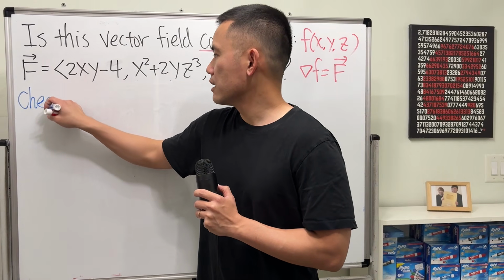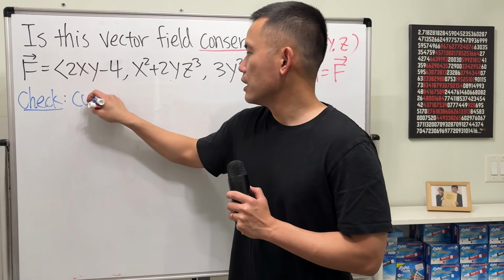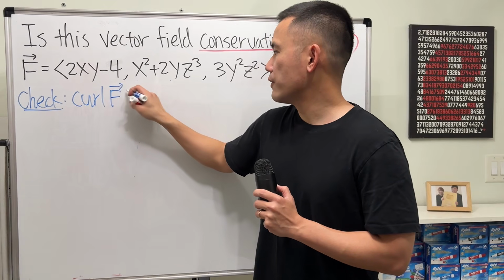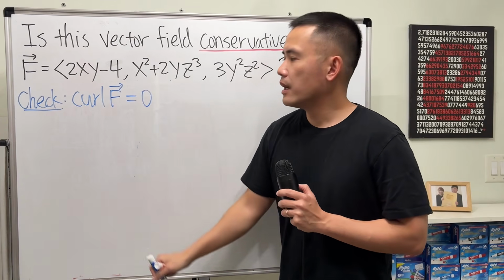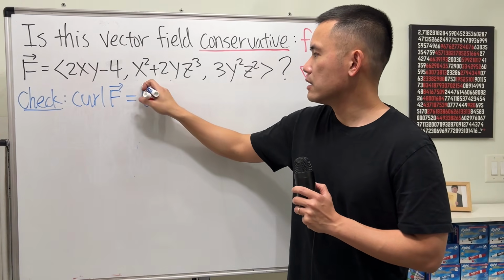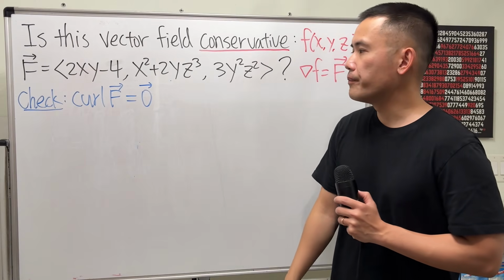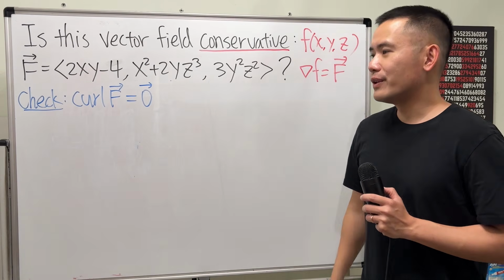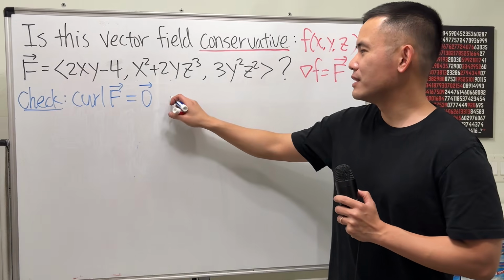What we are going to check is the following. If the curl of our vector field is equal to 0, and since the result of a curl is a vector, this is technically the 0 vector. If we get 0, then we are on the right track. And there's a small detail.